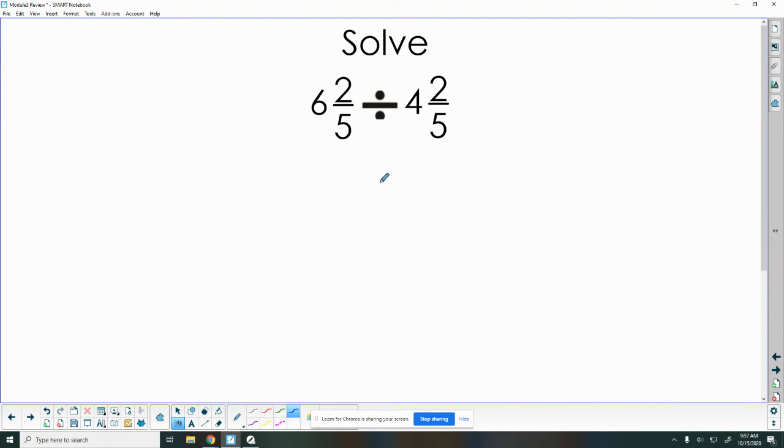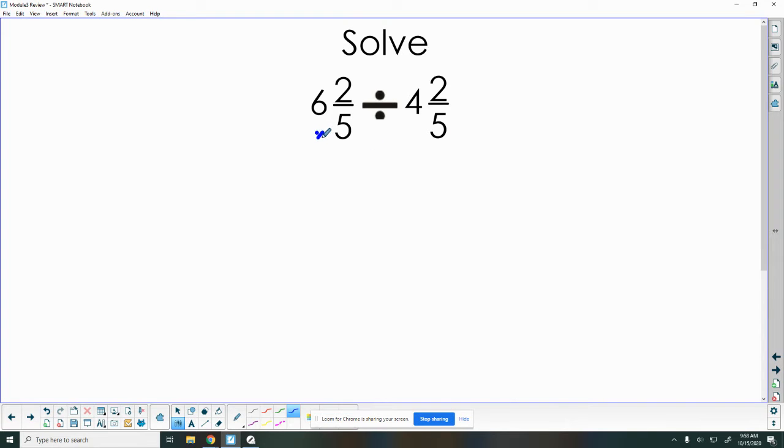So we're going to solve this problem here, 6 2/5 divided by 4 2/5. Now, I cannot just divide as it is. We are not going to get the right answer if we do it that way. We need to see how many pieces we have and then put them into groups of these pieces.